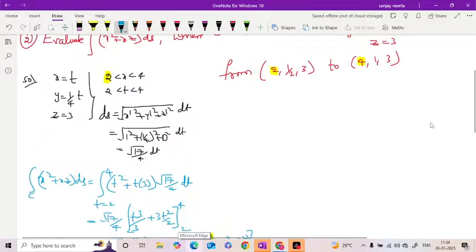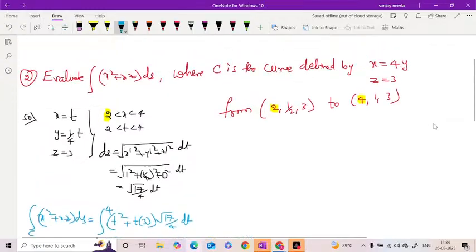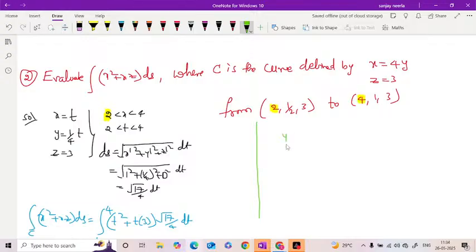How? Previously I took x is equal to t. Now I am taking a small change. Suppose y is equal to t, then what will happen? x will be 4t, and z is as it is, nothing new. Now what are the limits?